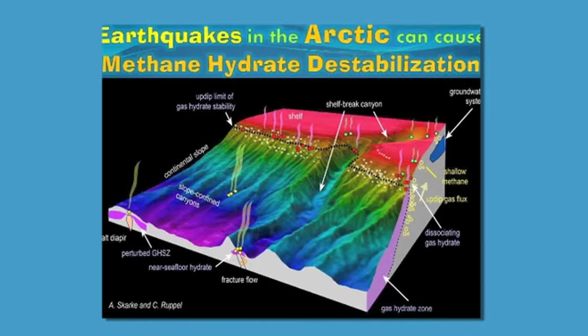When you have earthquakes around that area where you have a lot of methane hydrates lodged into the soil, you get methane hydrate destabilization. So say, for example, you have an earthquake along this area. All of these methane hydrates within the sediments are shifted, destabilized, jostled, woken up possibly, and this dissociates them and they begin to form flares, and a lot more methane gets into the atmosphere when you have earthquakes in the Arctic for this reason.